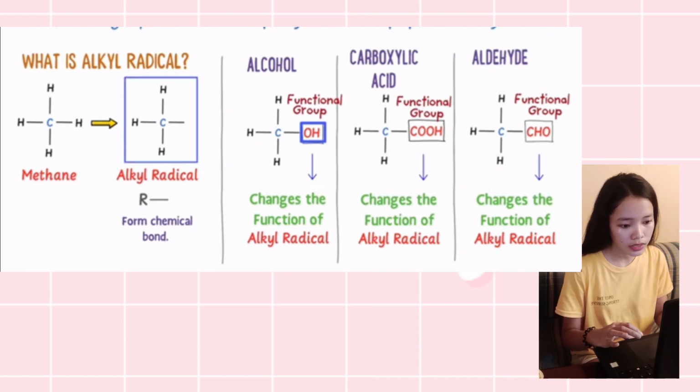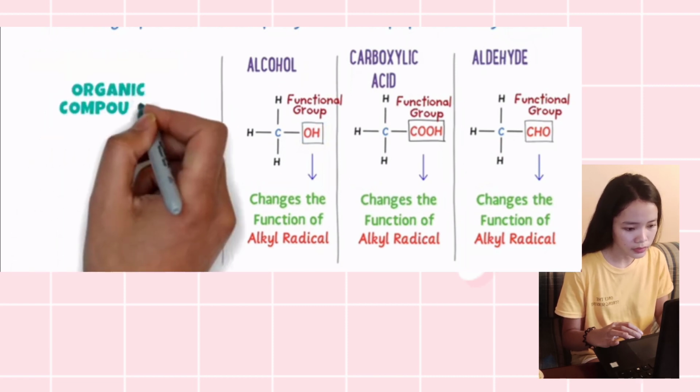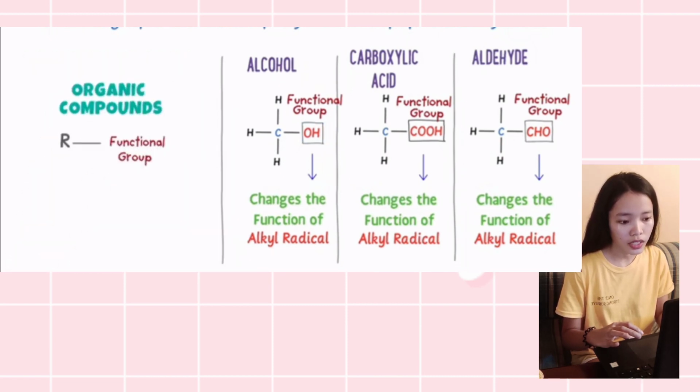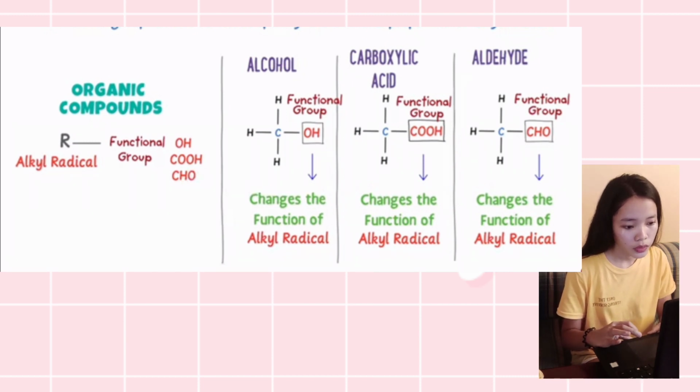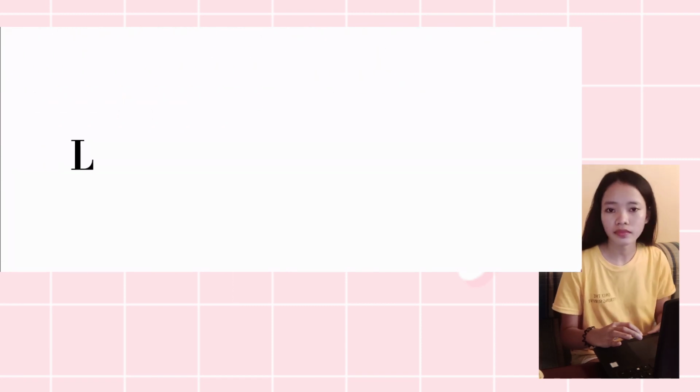Without this OH group, it is a simple alkyl radical. It is no more alcohol, which is the general form of organic compounds. R dash is the alkyl radical group and we can add OH, COOH, and CHO, different functional groups, to this alkyl radical.